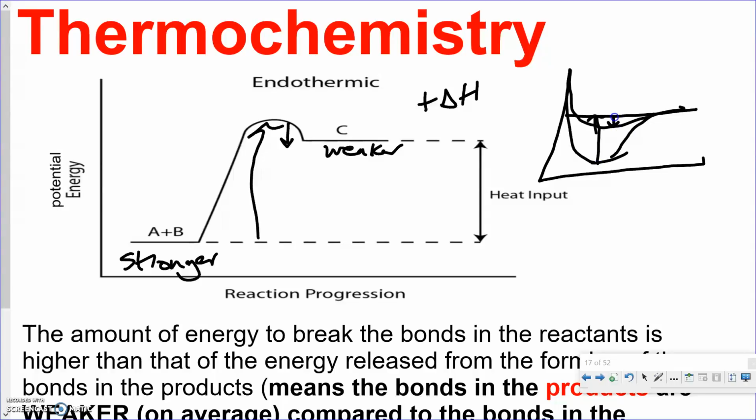This is the amount of energy that goes out when the bonds form. So notice much more energy goes in, a lot less energy goes out. Therefore, again, we end up with this positive delta H, or more energy being required than what is released. So that tells us that the bonds of the products are weaker versus the bonds of the reactants. Okay? All right. That takes care of bond energy.